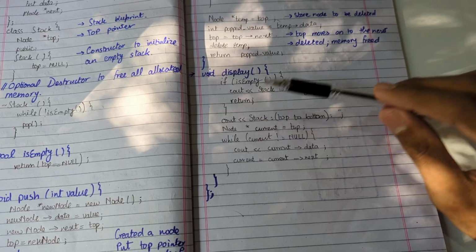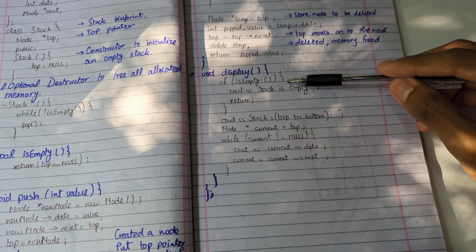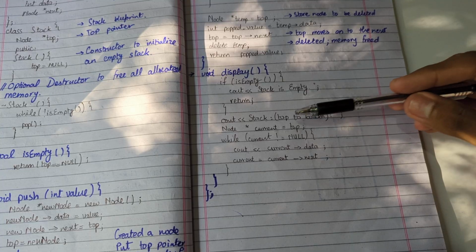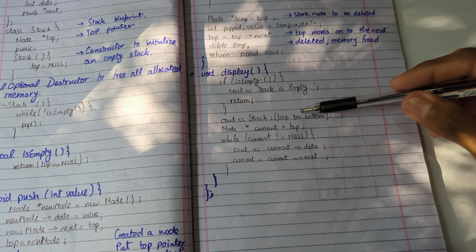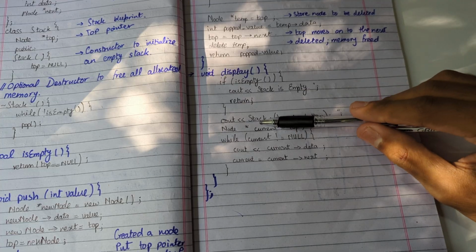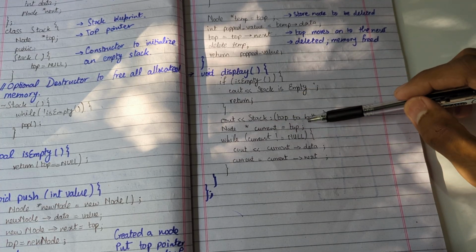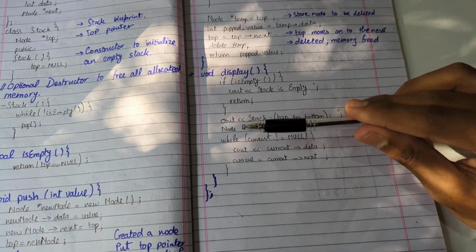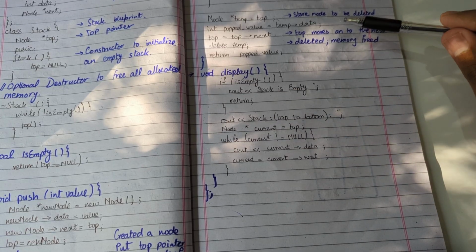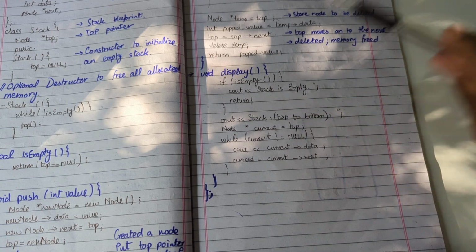Now, if you want to display it, it's rather simpler than with arrays. If the stack is empty, return. If it's not empty, we have cout stack top to bottom. Then we create a new pointer called current, and we assign top to the current pointer, while current is not equal to null. In a linked list, whenever something reaches null, it means there's nothing left.